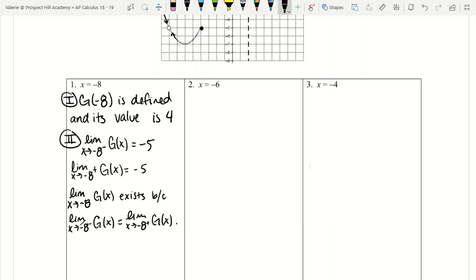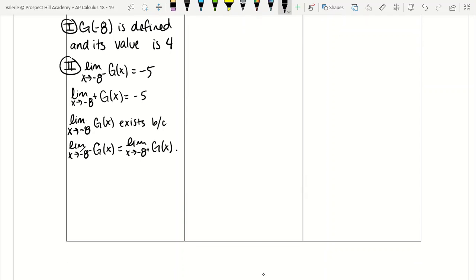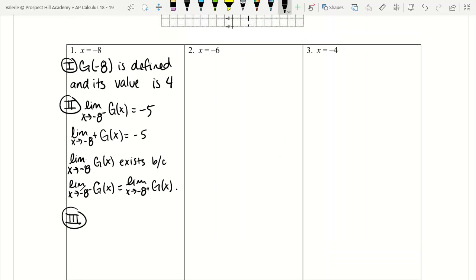All right, so for the last part of our definition, we want to make sure that our answer to part 1 and our answer to part 2 are the same.